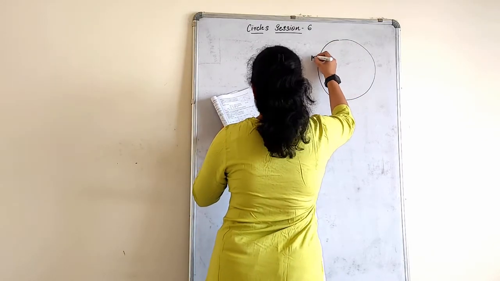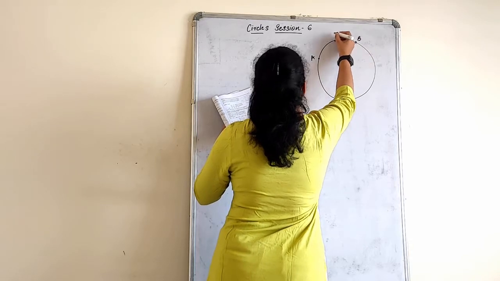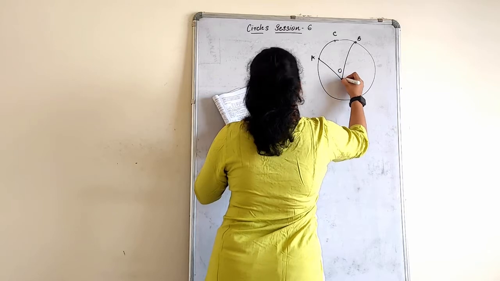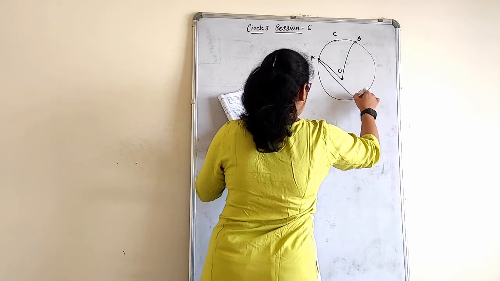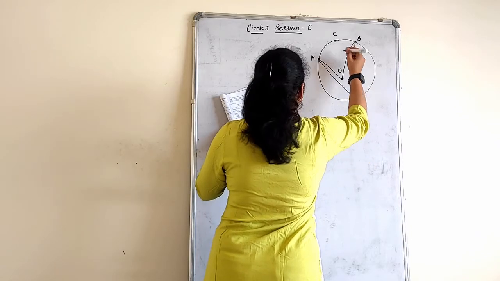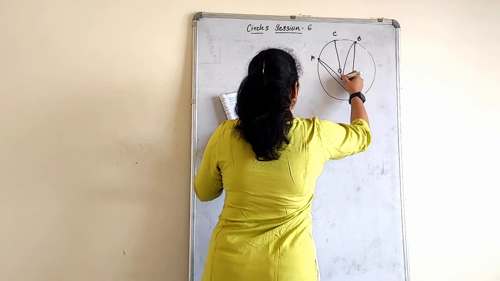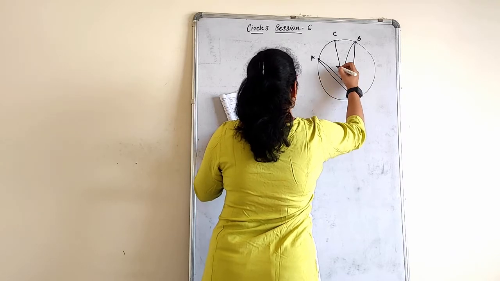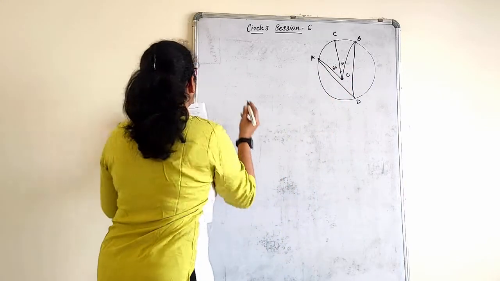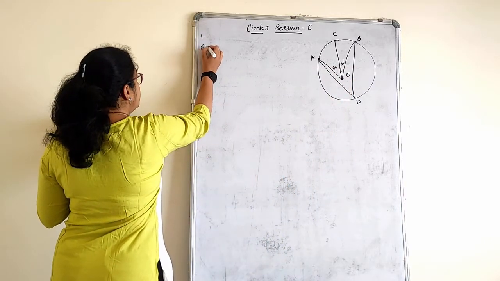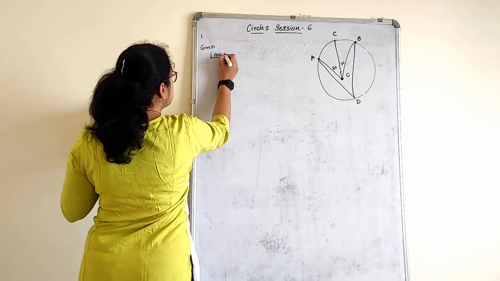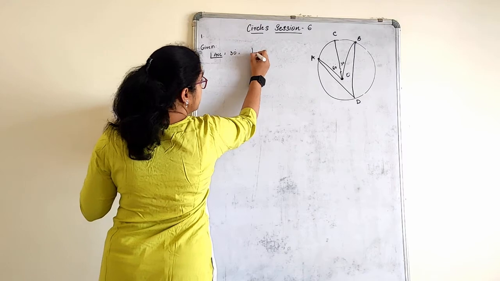So points A, B and C. This is O, it doesn't look like the center but it is O here, what I have drawn. And this is point D. They have given a line where this angle is 60 degrees and this angle is 30 degrees.